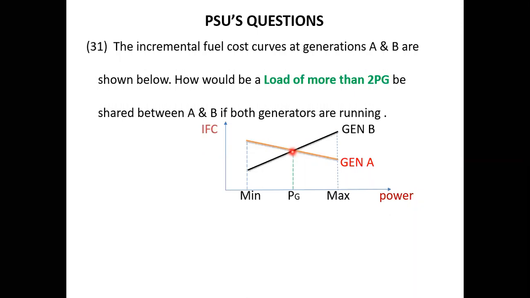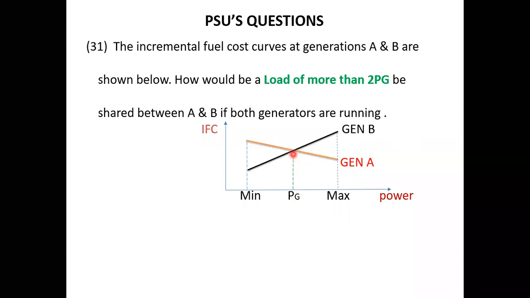The incremental fuel cost for generator A and generator B is equal. When they are equal, they are going to generate the same amount of power. How much power is it? PG. Generator A will generate PG amount of power. Similarly, generator B also generates the same amount of power, that is PG.